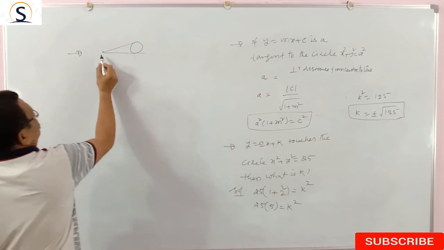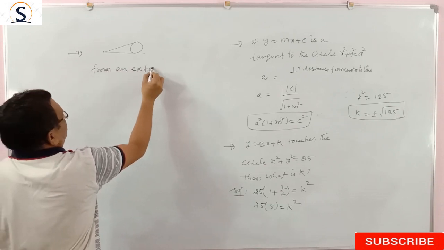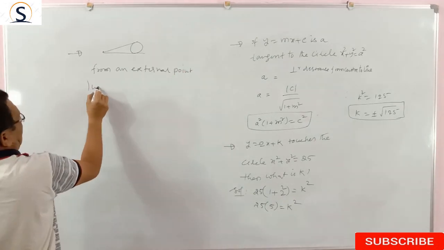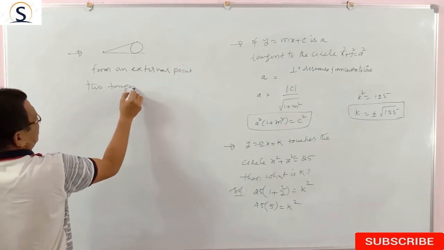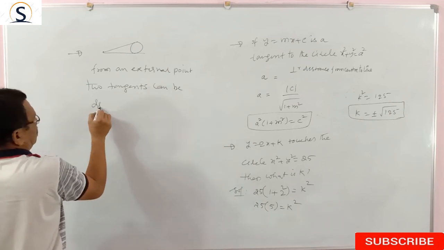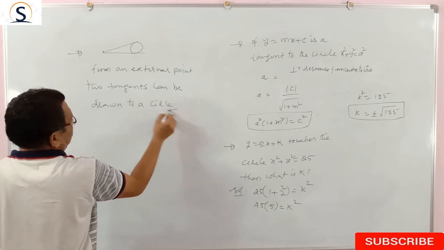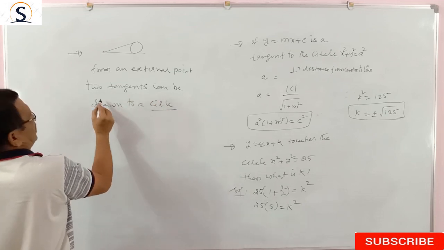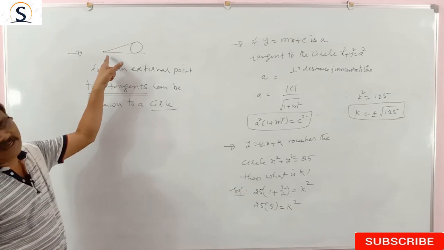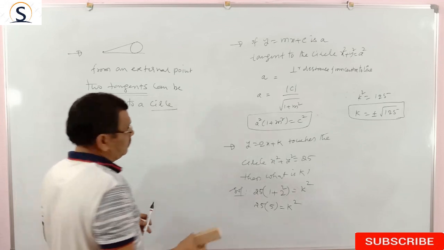So, from an external point, two tangents can be drawn to a circle. So, remember, two tangents can be drawn from an external point to the circle. This is another point. Okay.